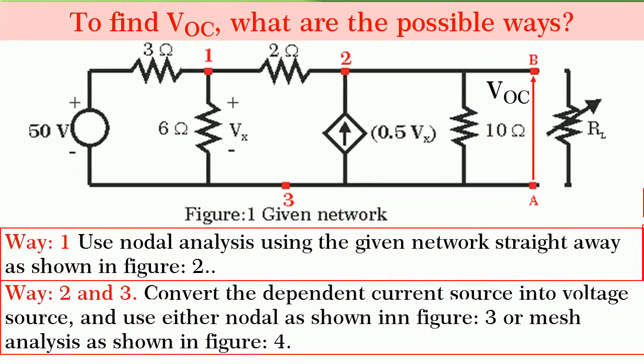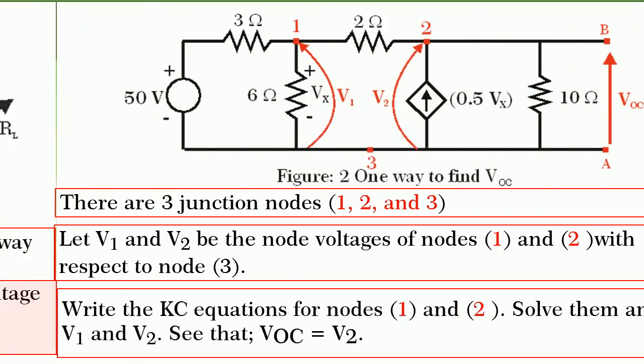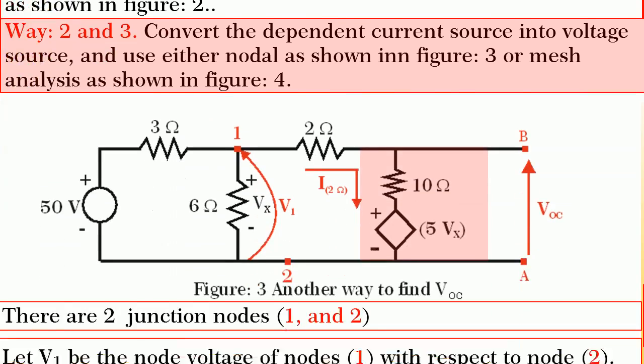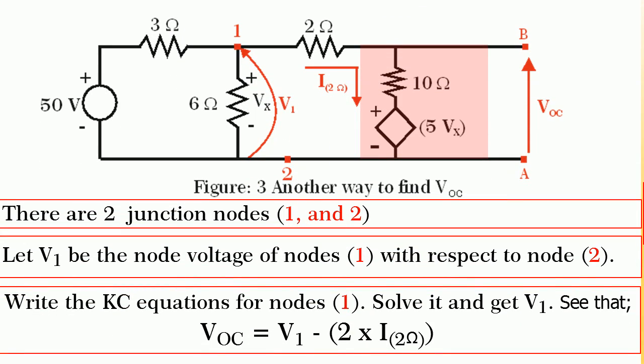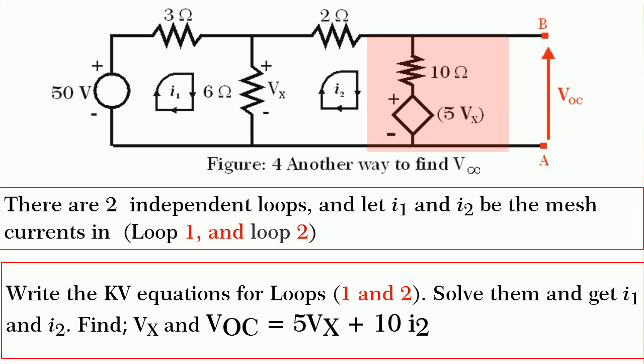To find VOC, let us see what different ways are available. One way is to use nodal voltage analysis using the given network itself as it is as shown in figure 2. Second and third method could be to convert the dependent current source and use either nodal analysis as shown in figure 3 or use mesh current analysis as shown in figure 4.